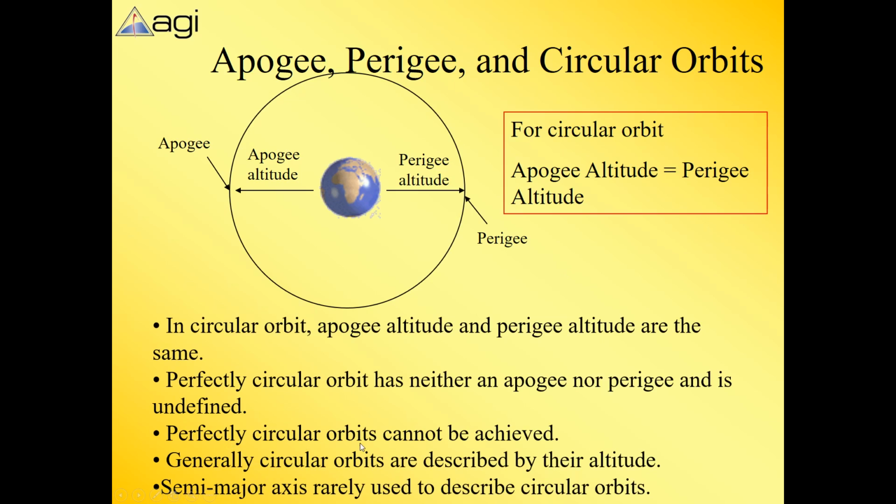It says here perfectly circular orbits cannot be achieved in real life. Mathematically, we can pretend that the Earth is a point mass. That's called the two-body propagator. And for satellites orbiting the Earth, we don't really talk about their semi-major axes. We usually talk about their orbital period or their orbital altitude.